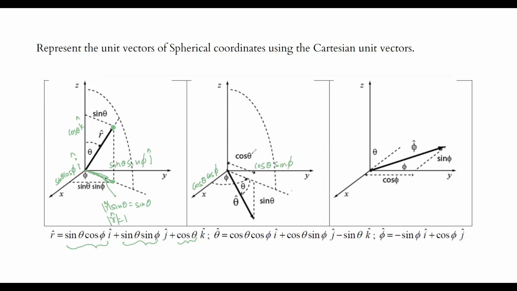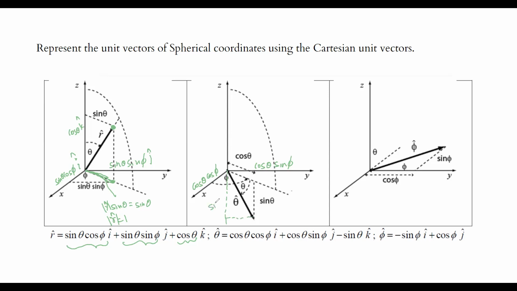and the projection along the z axis direction will be minus sine theta. So they have considered the theta hat direction along this direction. So the projection onto the z axis will be minus sine theta.